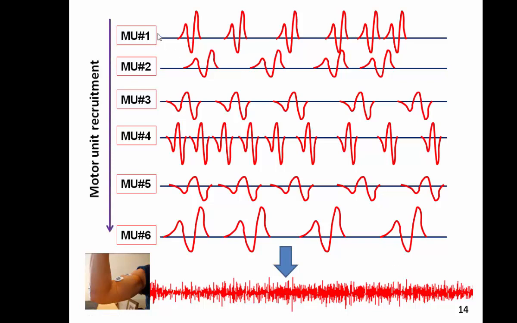So as we move vertically, the addition of more motor unit action potentials is reflective of the physiological process called motor unit recruitment.